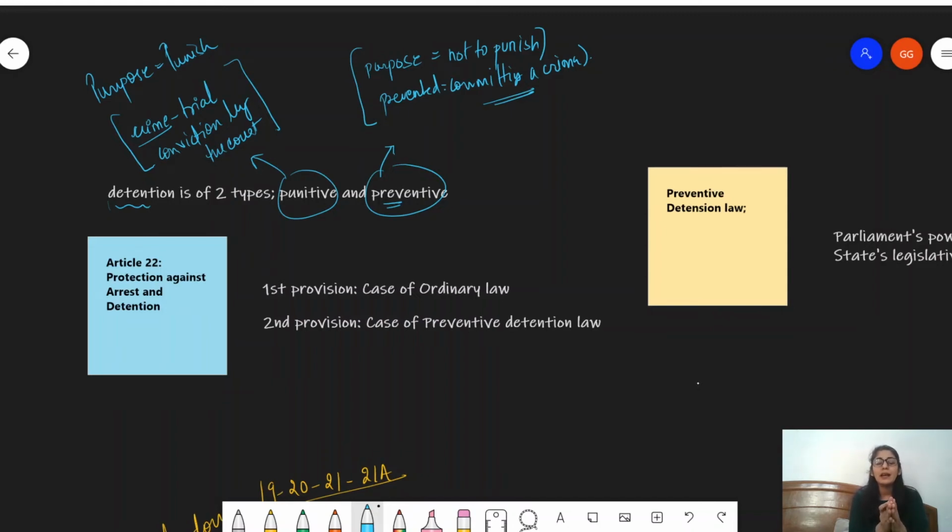Under the first case, the person has committed the crime and everything. On the other hand, here you're stopping the person from committing a crime that he could if he's free. So in this case we are taking him in so that he doesn't commit a crime in the future. Is this clear? So, as a result, the name suggests this is preventive.